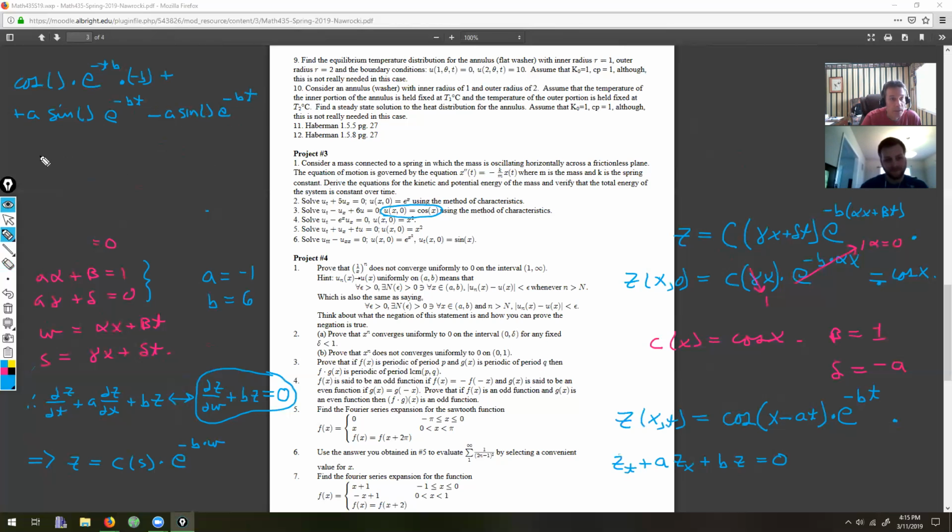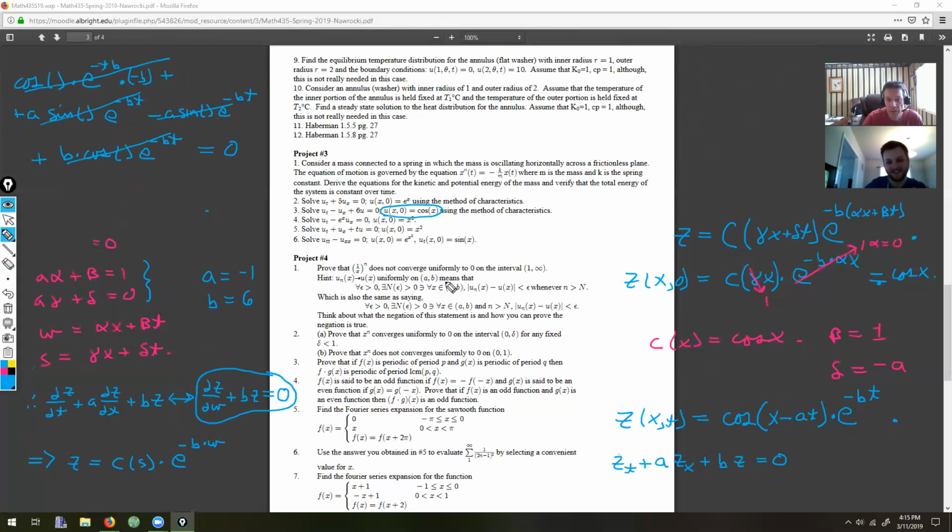Plus the final term, the bZ, so b times the cosine of all that stuff, e to the negative bt. My handwriting up here is a little sloppy, but can you see how everything cancels? This cancels with this one down here, and these two terms go bye-bye, and I get 0. Cool, we did it right.